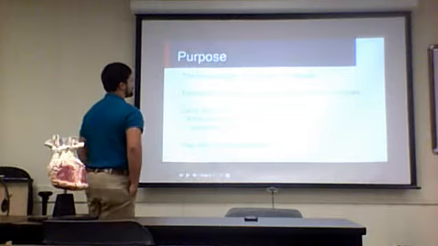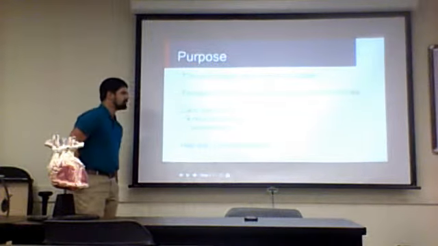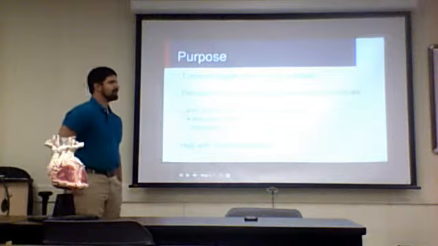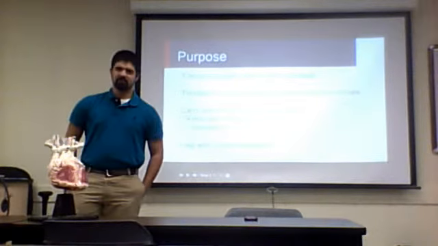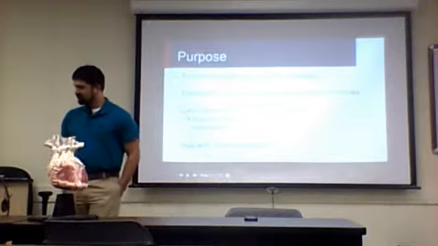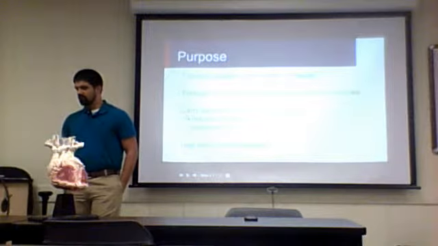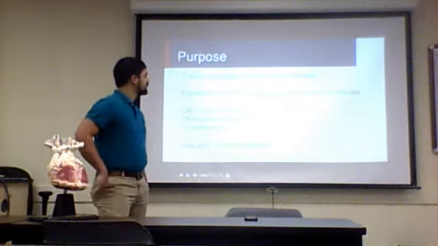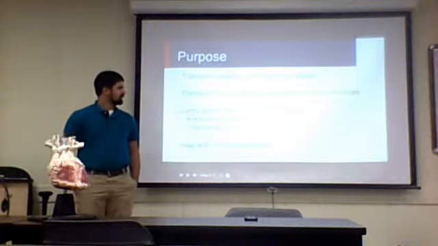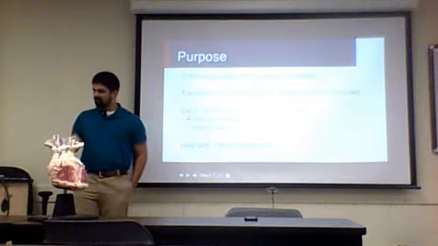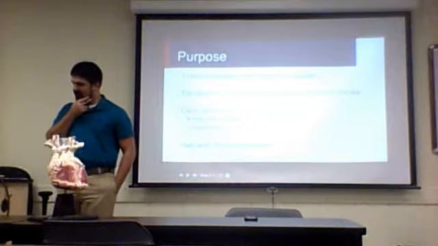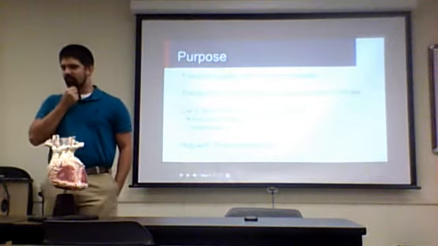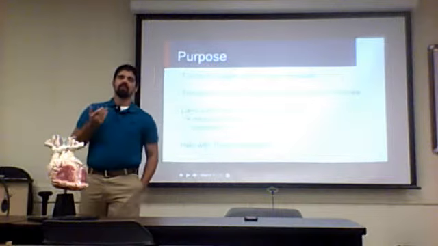Some other purposes we'll talk about and mention. The cardiovascular system carries specialized cells throughout the body. It helps the body with the immune system and hormones. In your blood, you have your red blood cells that have hemoglobin.